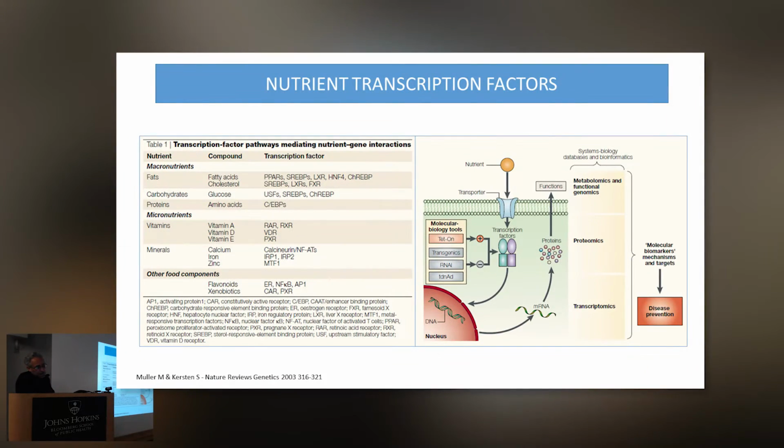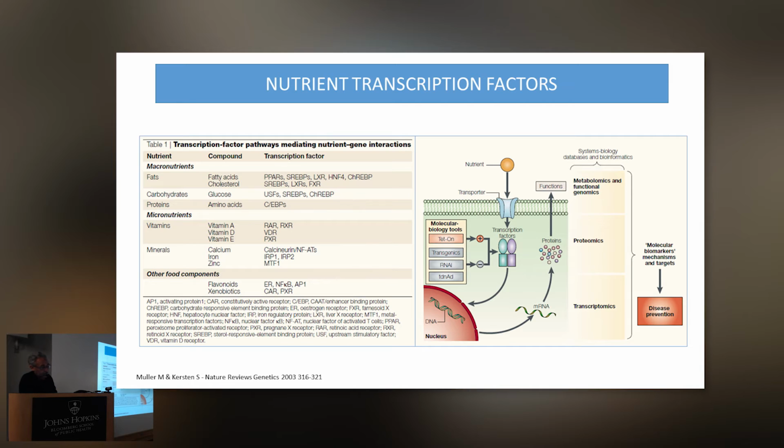Now, the expression of genes, of course, is affected by nutrition in many ways, and one of the most obvious ways is that some nutrients act as transcription factors. For example, some fatty acids and cholesterol will act on transcription factors such as PPARs and FXR. Certain vitamins like vitamin A act in this manner through the RAR and RXR transcription factors, and so on.